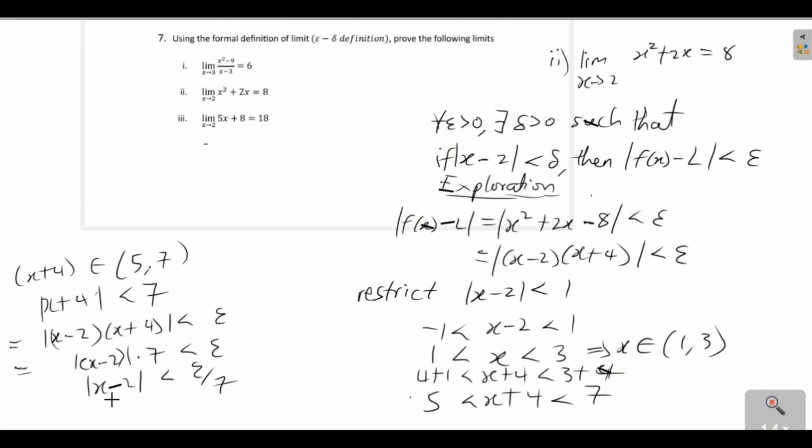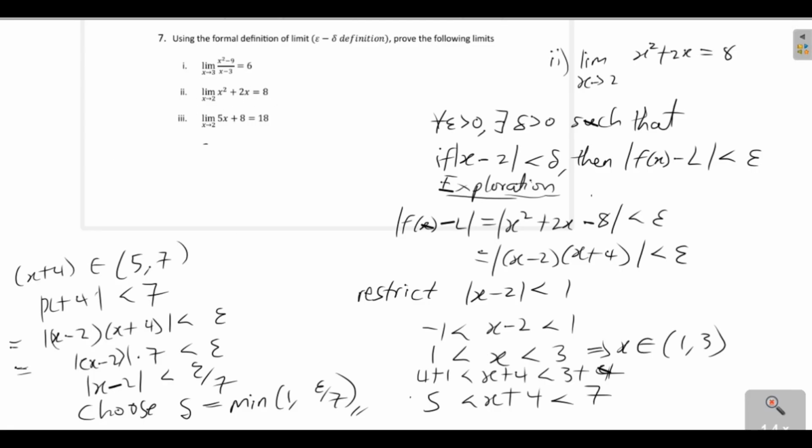So here, comparing this with this expression, I'm going to choose my delta to be equal to the minimum of 1 and epsilon over 7. So I'm going to use this to prove that indeed the limit of this expression, x squared plus 2x as x approaches 2, is equal to 8.